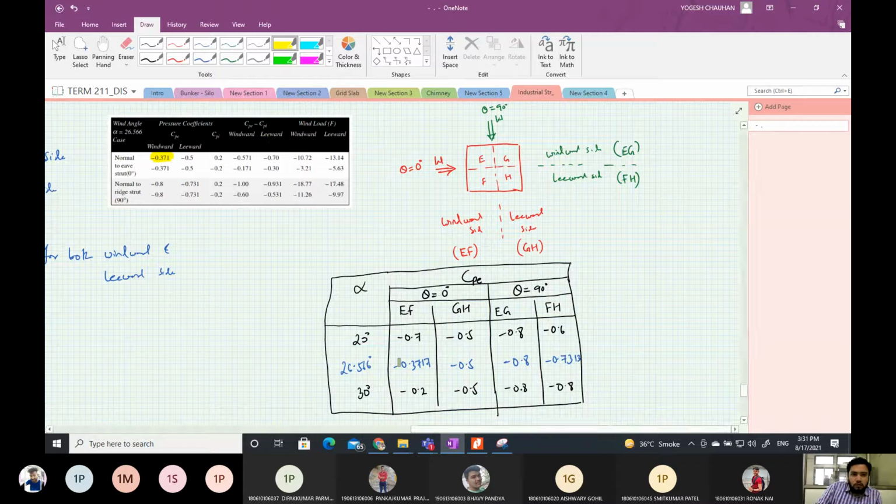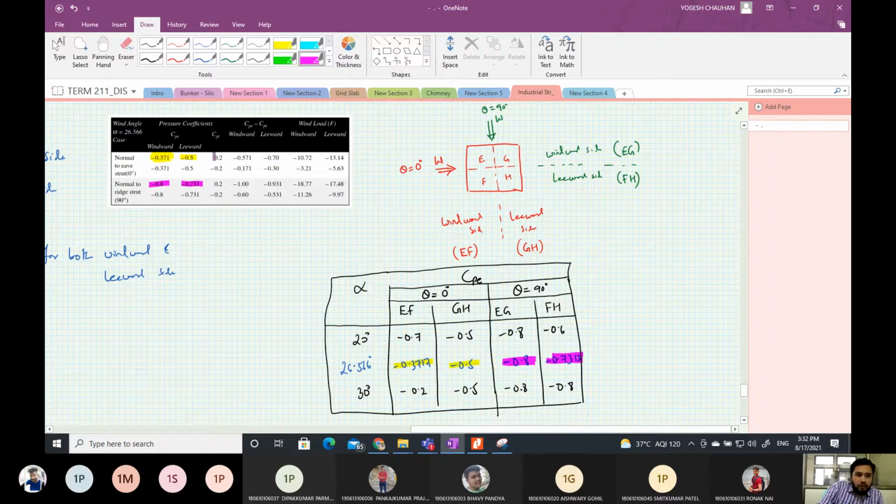Now this value 0.371, 0.371, 0.5. Then on the other side, 0.8, 0.8, 0.37, 0.731.